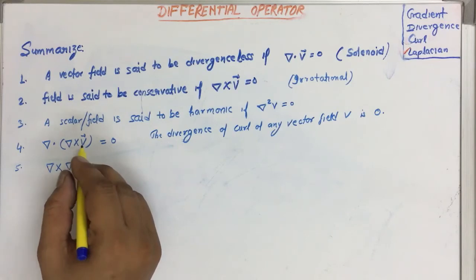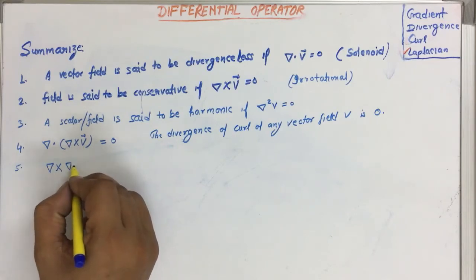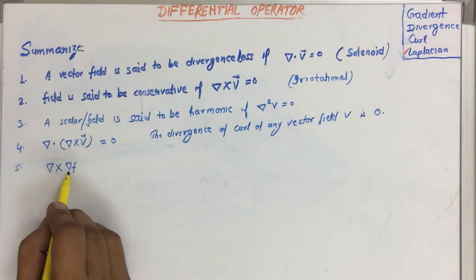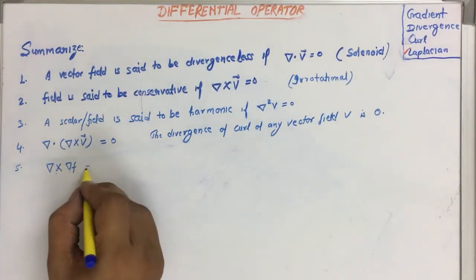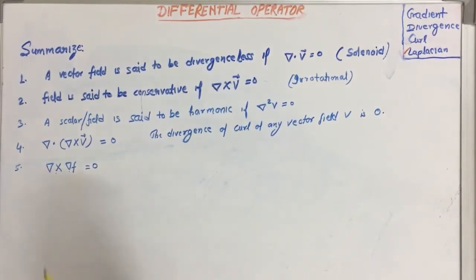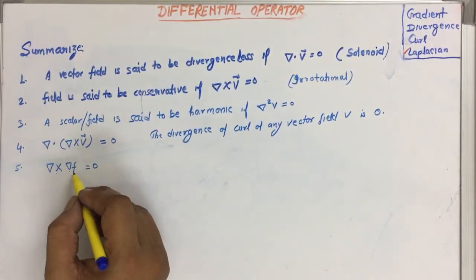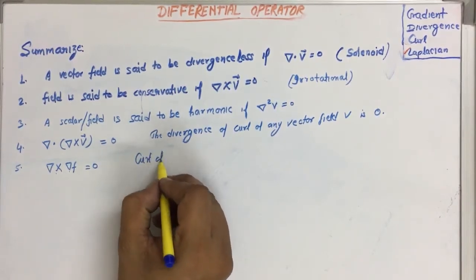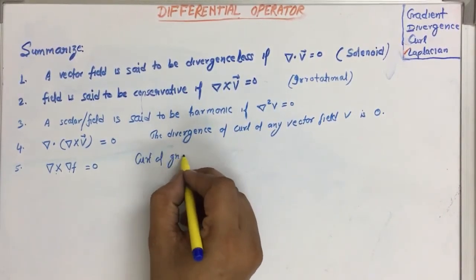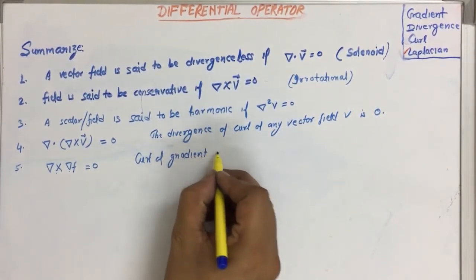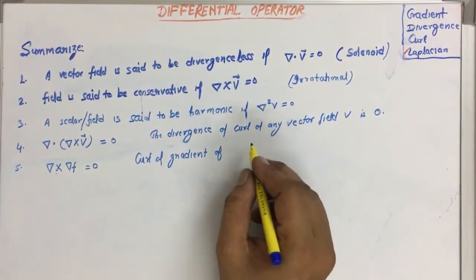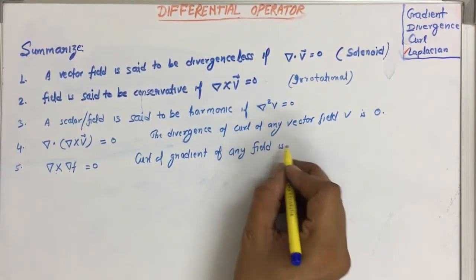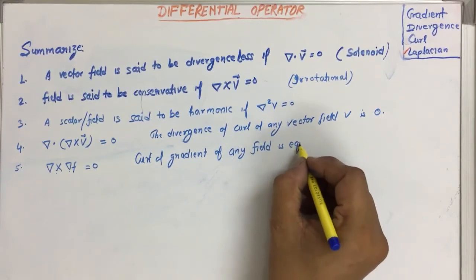If we were considering V as a vector, then consider here another field F. The curl of the gradient of any field is equal to 0, since gradient is for a scalar field. So you can write it: curl of gradient of any field is equal to 0.